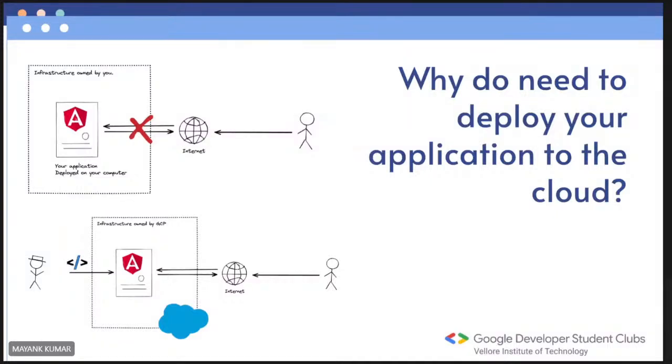As your user base grows, you're going to see a massive number of requests coming into your computer. So what do you do now? You're seeing that the internet bandwidth is not able to support it. Then you apply to the internet service provider to get an even better bandwidth internet connection, where maybe you want to take a leased line of the fiber optic cable running around your city.